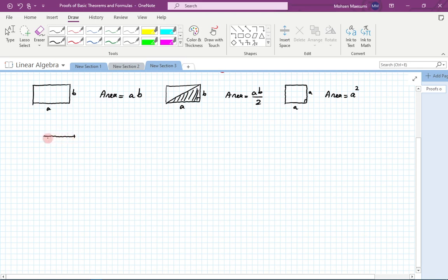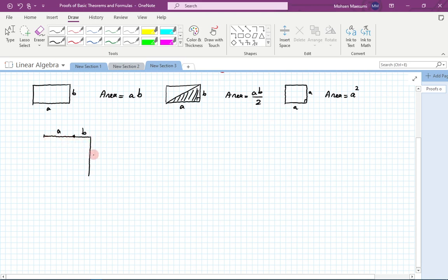We draw length A and then length B, and then we try to complete a square. So I will have, let's say, 1 2 3 4 5.